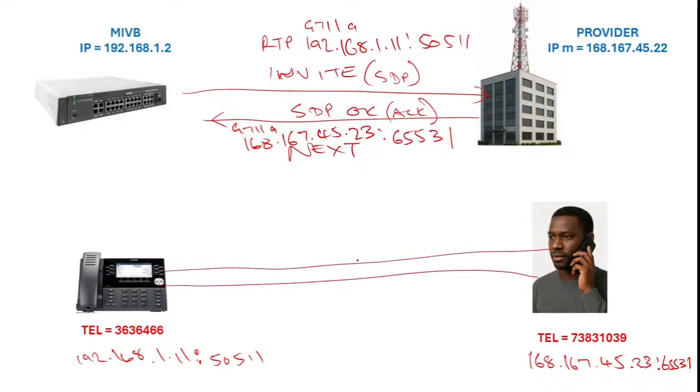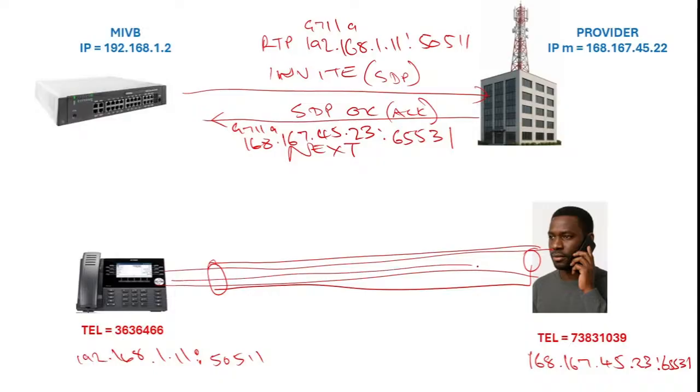media channel. This is going to be like a pipe where we are going to have our audio. Our audio is going to be in this temporary pipe, this RTP UDP, and at the end of the tunnel is going to be this IP address.